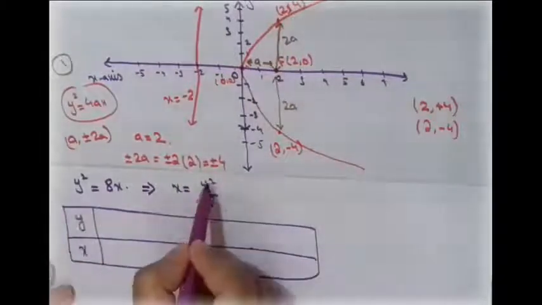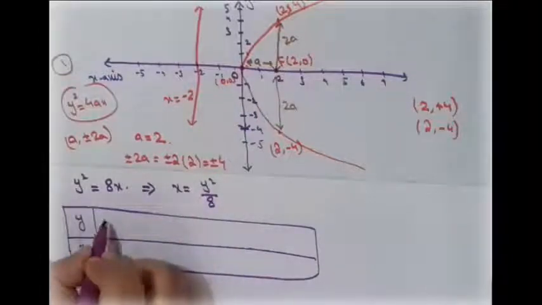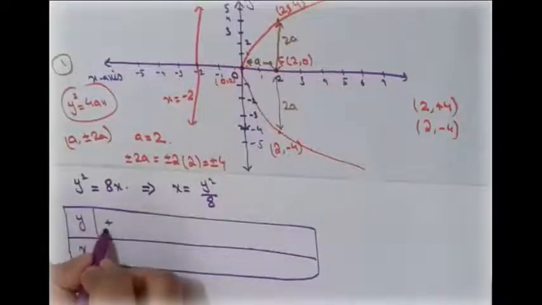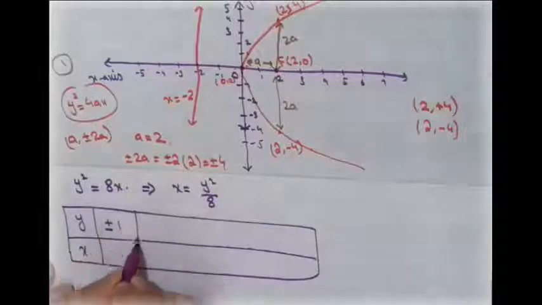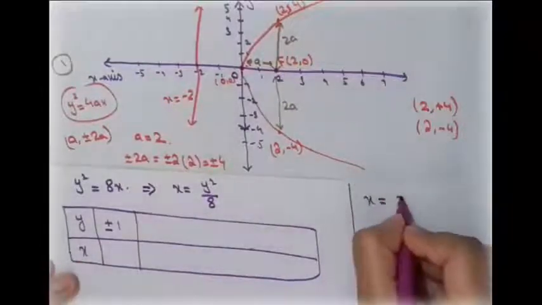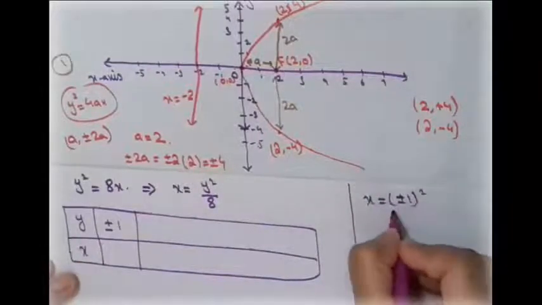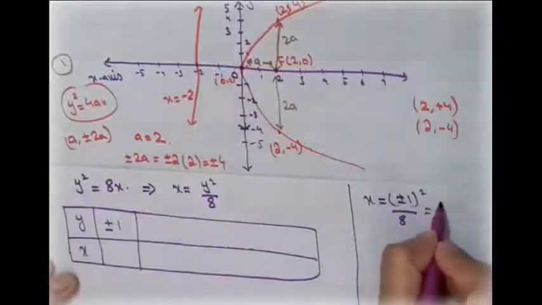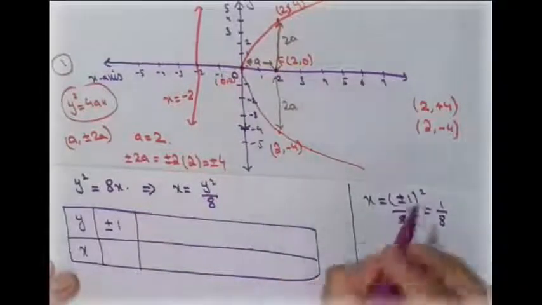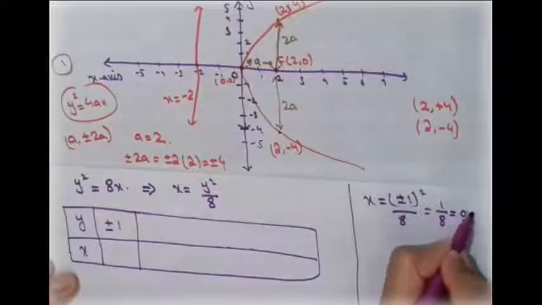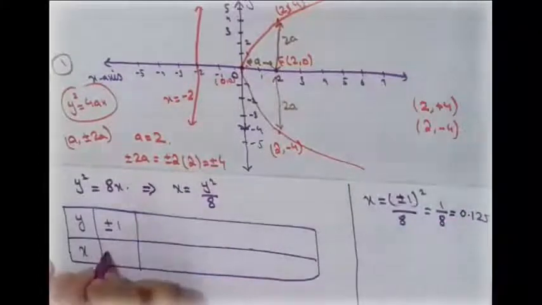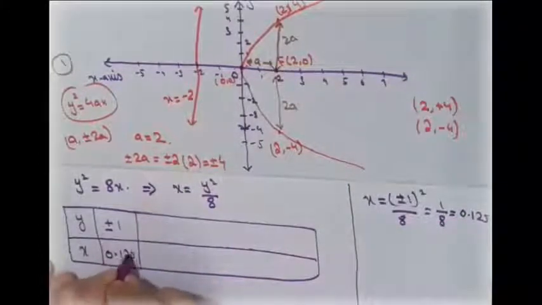So this is y square, which means if I enter a plus or minus value, it doesn't affect the value of x. If y is equal to plus or minus 1, then x is 1 square divided by 8, which is 1 divided by 8, which equals 0.125. So here is 0.125.